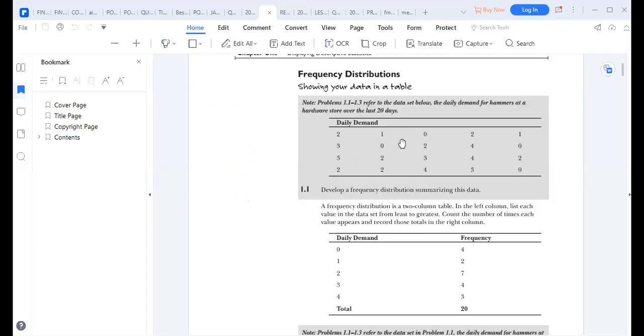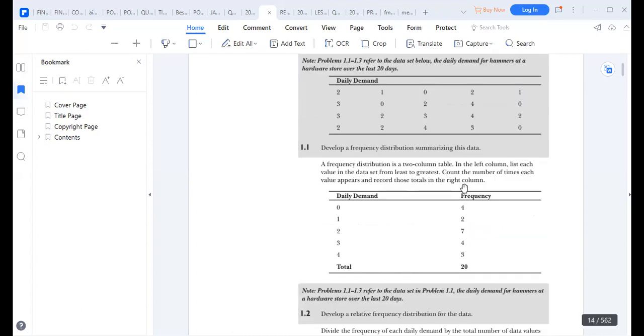So in this case here, we're asked to elaborate on the daily demand, where we're given the demand 0, 1, and 4. So we're asked to come up with what is called a frequency distribution table. So here we had to identify the variable X or the daily demand.